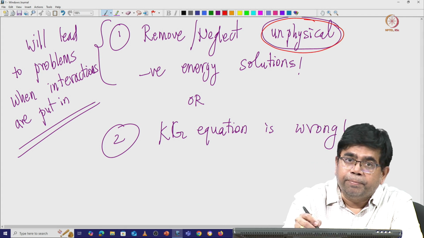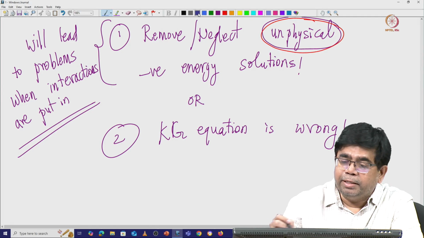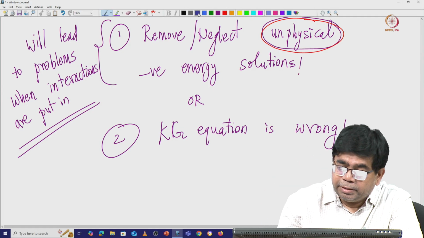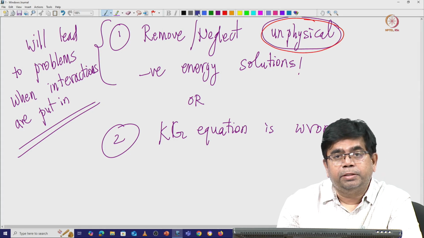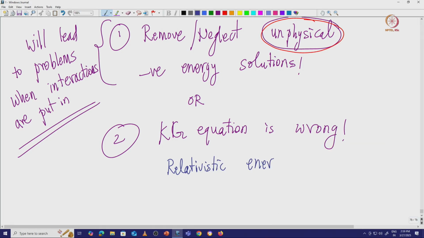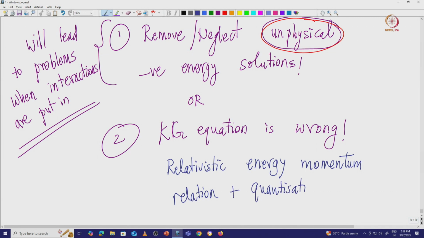There is no physical reason to say so, because this is the first situation where the relativistic energy momentum relation and quantization conditions are used.